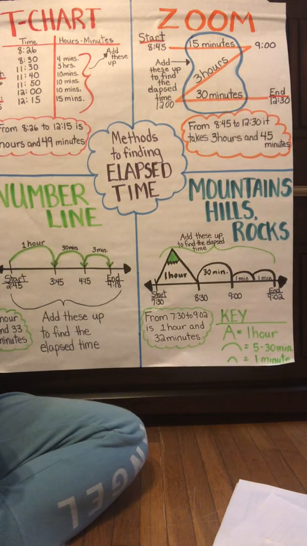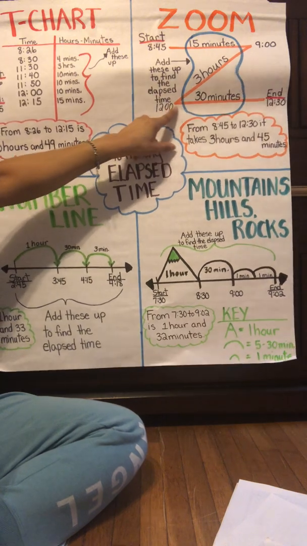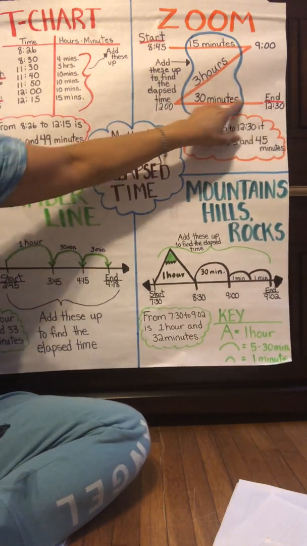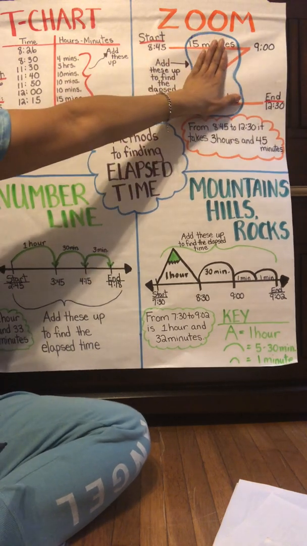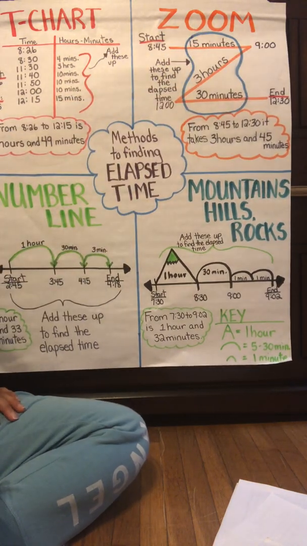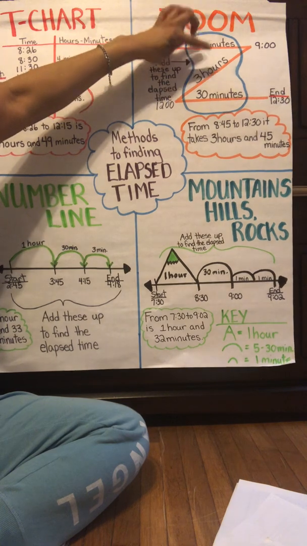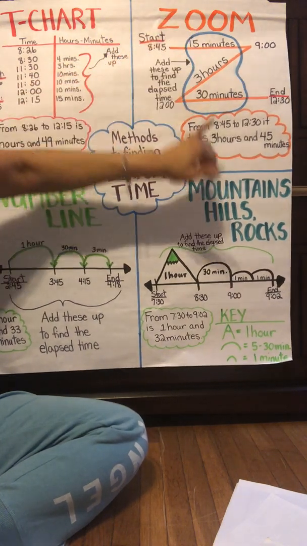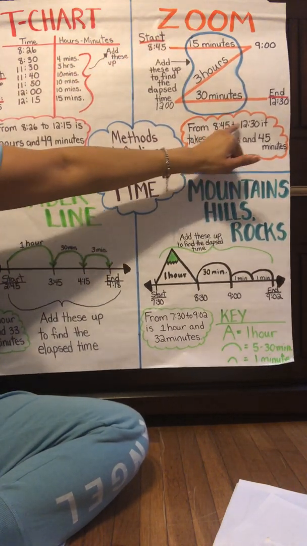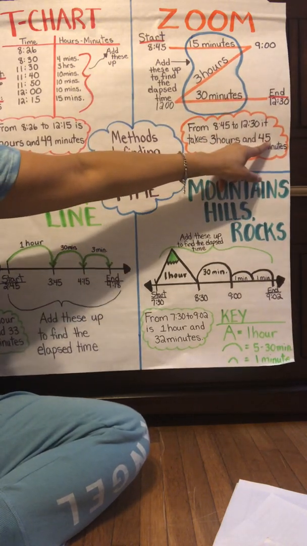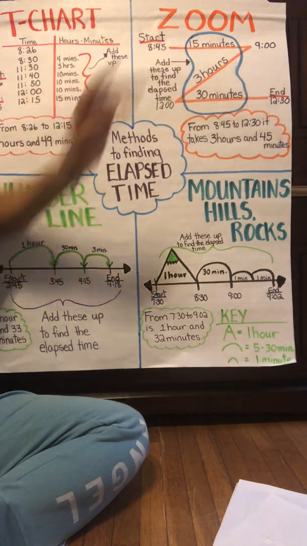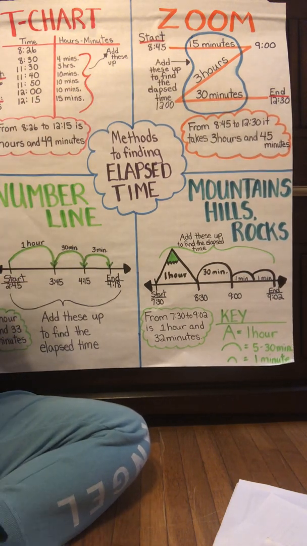Okay? And then after the 12 o'clock, I zoom over and add 30 minutes, and now I'm at 12:30. So I count the elapsed time inside that blue. 15 plus 3 hours plus 30 minutes. I wrote it here. From 8:45 to 12:30, it takes 3 hours and 45 minutes because 15 plus 30 is 45. Just wanted to show that to you.